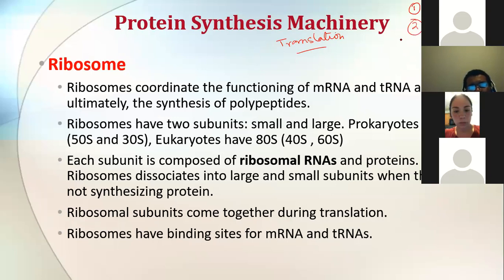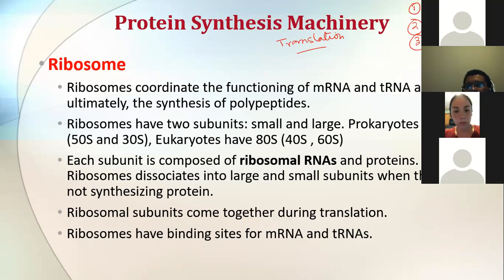Now we make an RNA copy of the DNA, and this occurs inside the nucleus. Now the RNA comes out of the nucleus and is inside the cytoplasm.